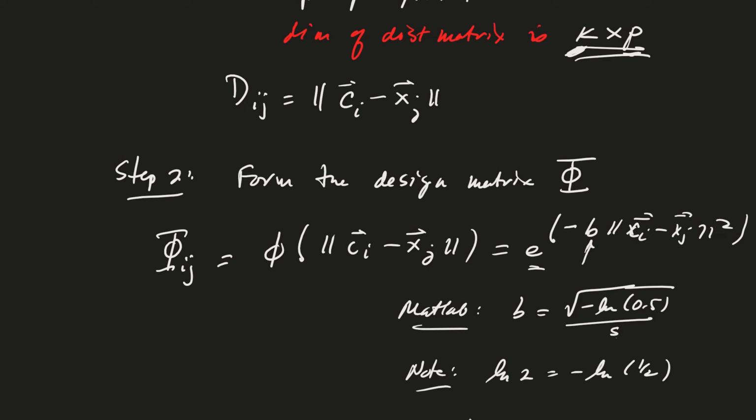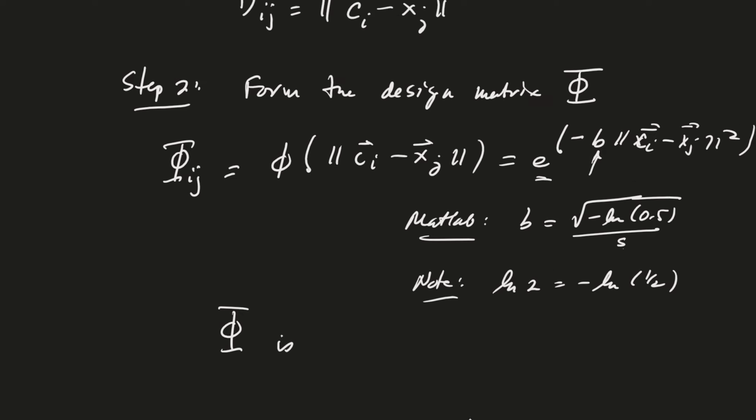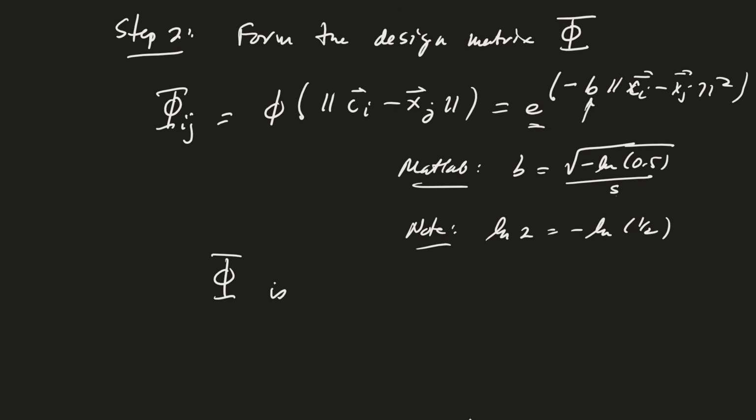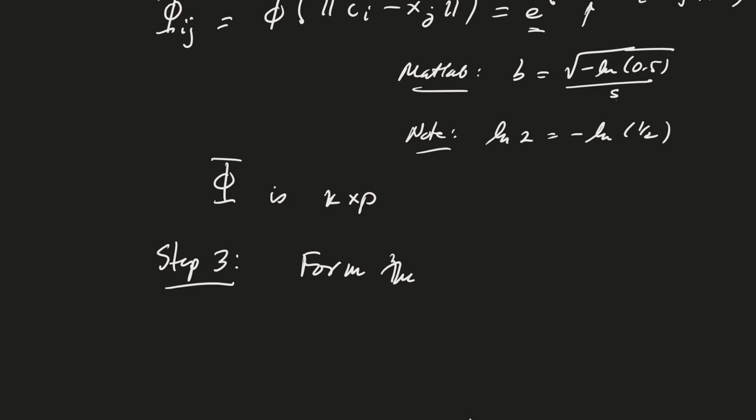So anyway, we have our design matrix now, capital Phi, and capital Phi is what size? It's the same size as the distance matrix, so that is K by P. Good. Step 3. We're going to form our equation now. Form the affine map, if you will.